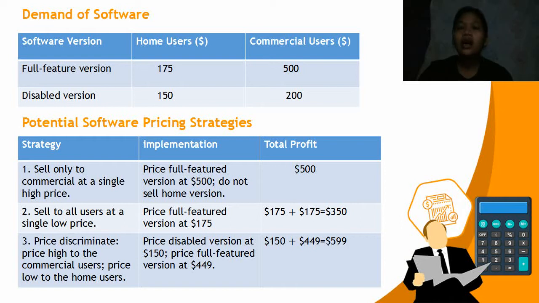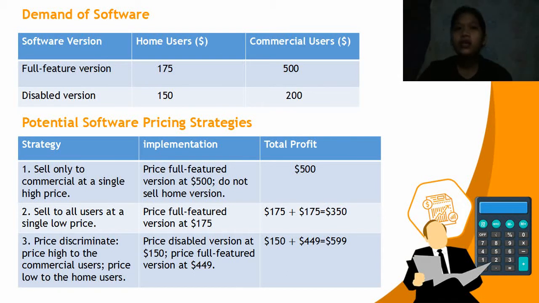You can price high at $500 but sell only to the high-value consumers, or price low at $175 and sell to both. And now we consider an indirect price discrimination strategy in which we offer both a full feature version for commercial users and a disabled version to home users.